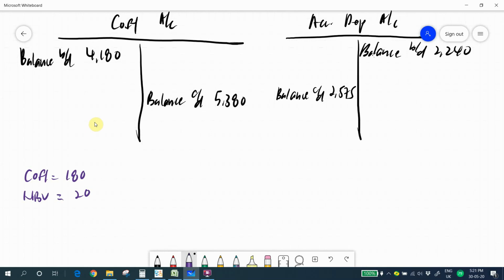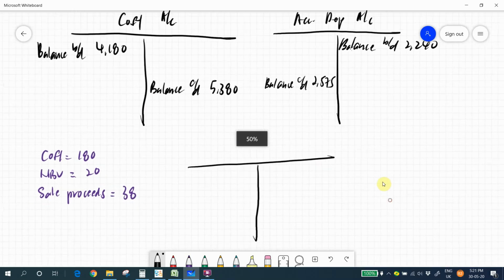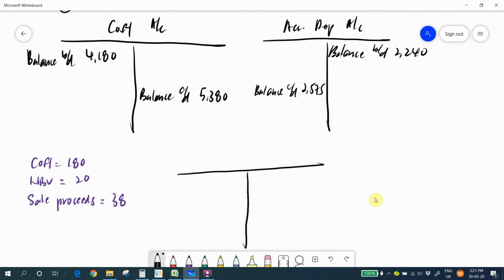The company received, so we call sale proceeds, 38,000 from the selling. So you have learned this in your financial accounting 1. When we have a disposal of the asset, we have to draw one additional account. This additional account is known as disposal.